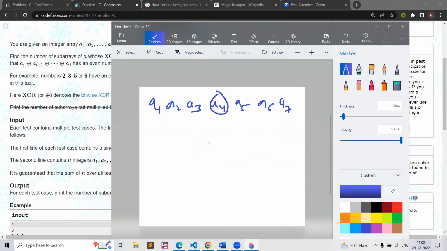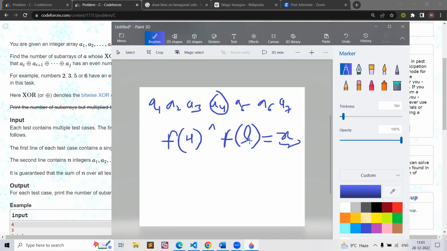We can easily find that the rightmost element will be A4. So we will write F4 XOR FL equals X. Here we need X to be a perfect square, because only if X is a perfect square will the XOR have an odd number of divisors.